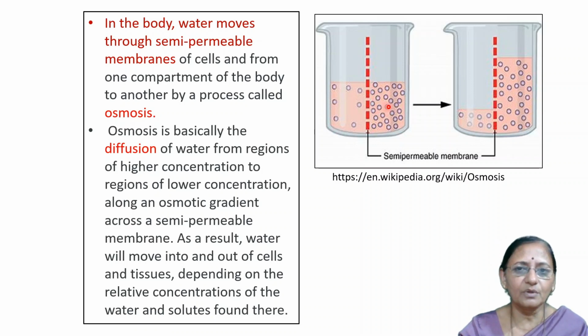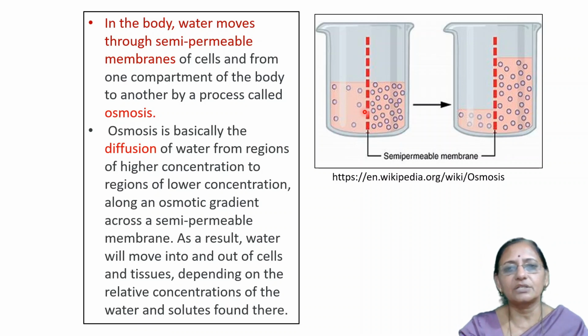Water is diffused from one part to another part. Water always diffuses from high salt concentration to low salt concentration, mainly to maintain equal ionic balance. In the body, water moves through the semi-permeable membrane of the cell and from one compartment of the body to another by a process called osmosis, the diffusion of water from one compartment to another through a semi-permeable membrane.